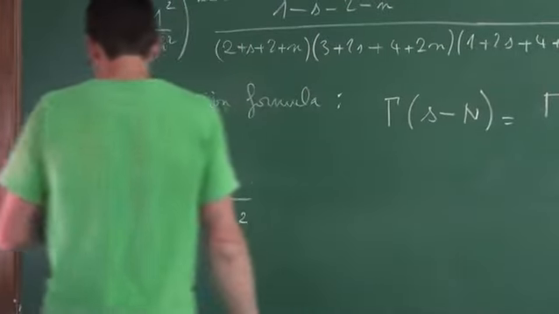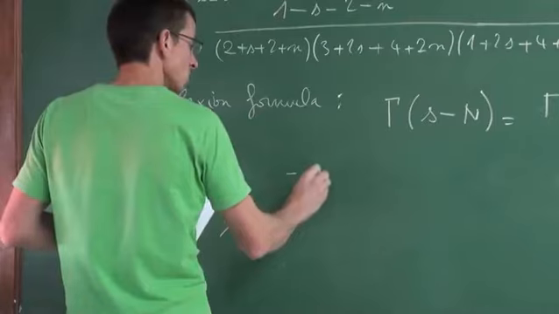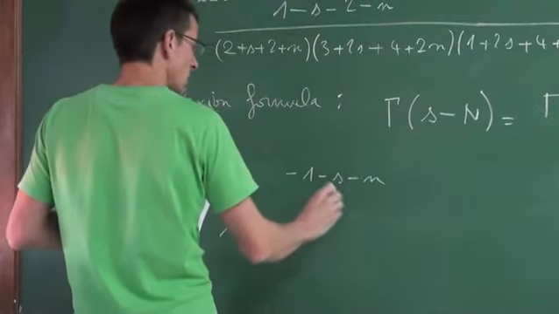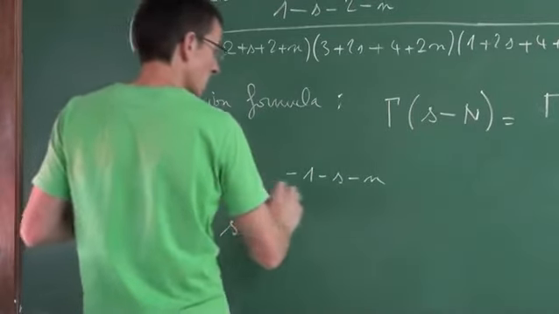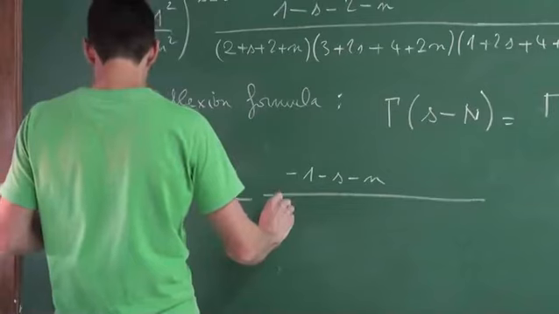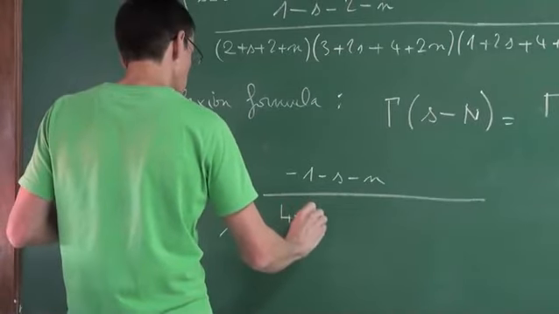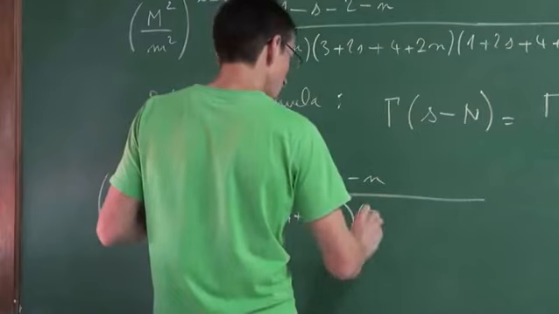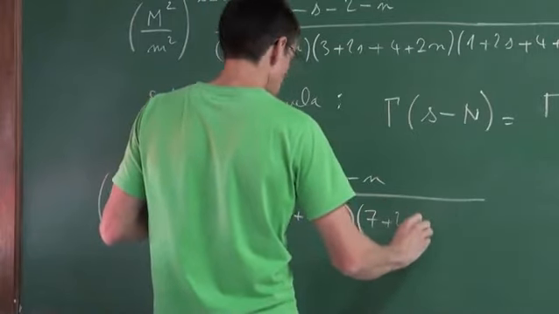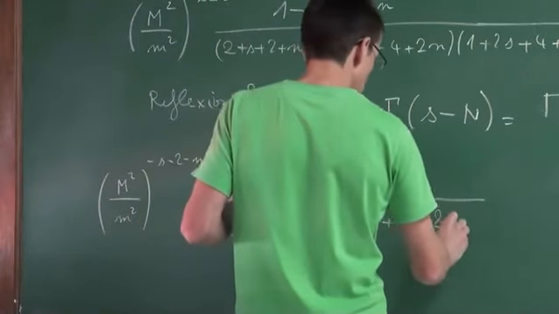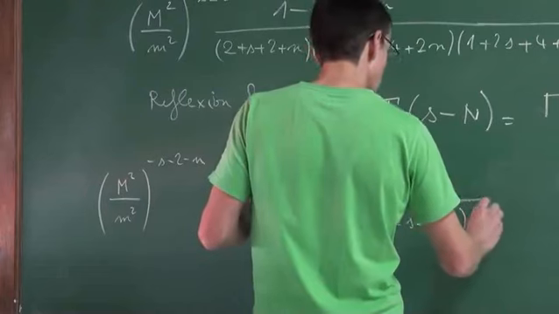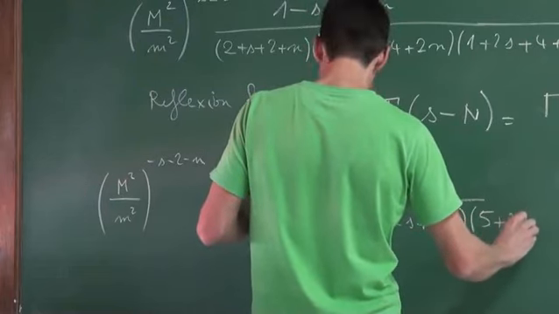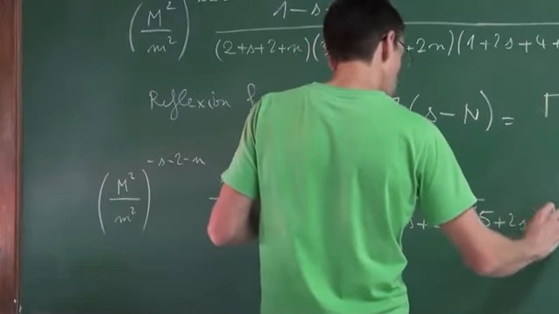So 1 over s squared minus 1 minus s minus n minus s minus n over 4 plus s plus n times 7 plus 2s plus 2n times 5 plus 2s plus 2n.